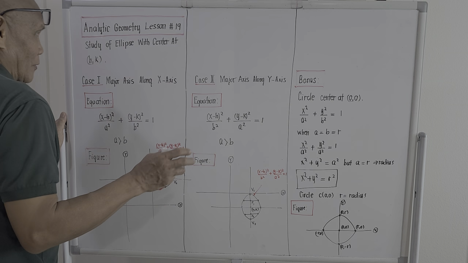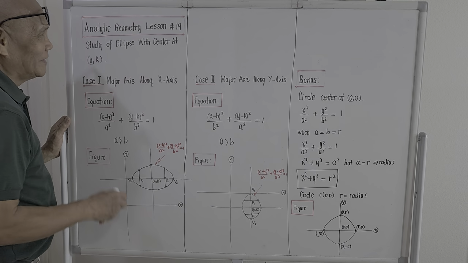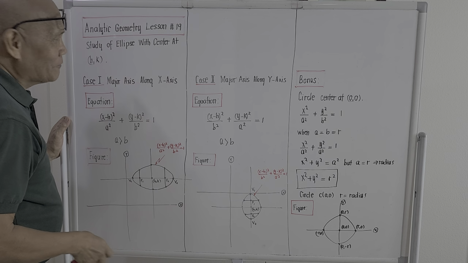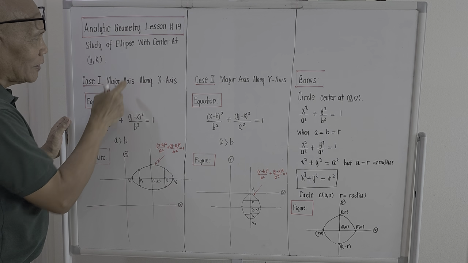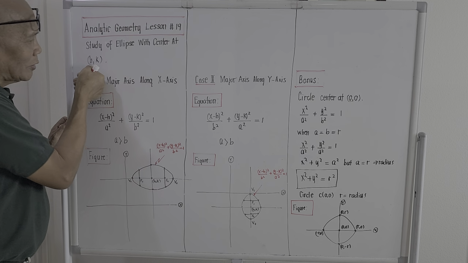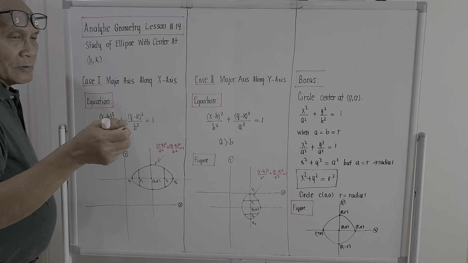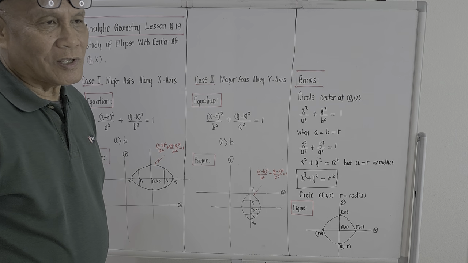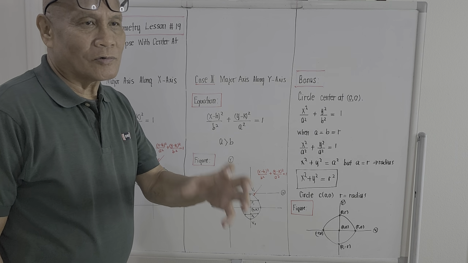The subject matter for tonight: analytic geometry lesson number 19, and the title of the topic is the study of ellipse. The location of the center of that ellipse is actually at (h, k). The last time around, I discussed the study of ellipse with center at (0, 0).